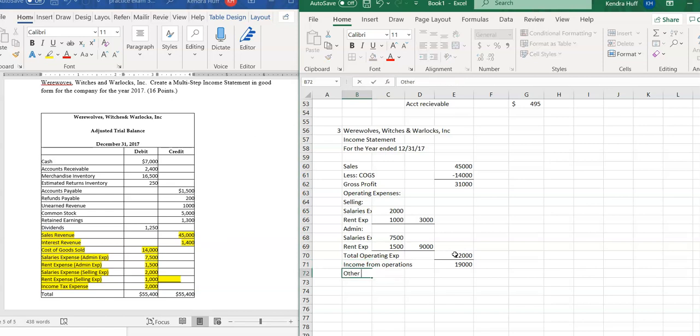All right, then I have other items, and this one is going to be the interest revenue. And since it's just one, I'm going to put it out to the side. So 1,400. And this is income before income tax.